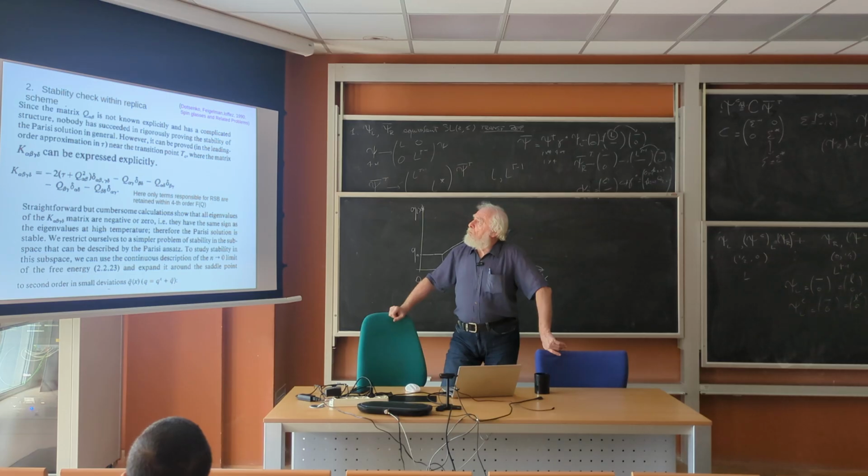For general arbitrary temperature, I don't know if it was done; maybe it was done later. But in leading order approximation in tau, because we have an explicit expression for the free energy in terms of the Q matrix, we can find the Hessian, the second derivative of the free energy with respect to the matrix elements.